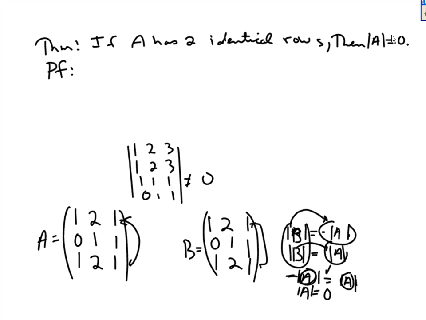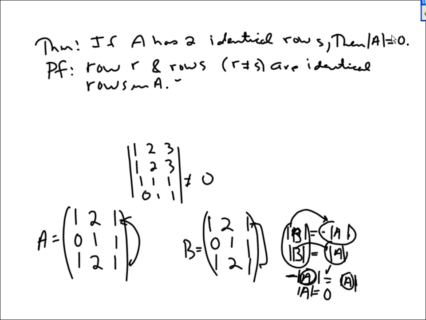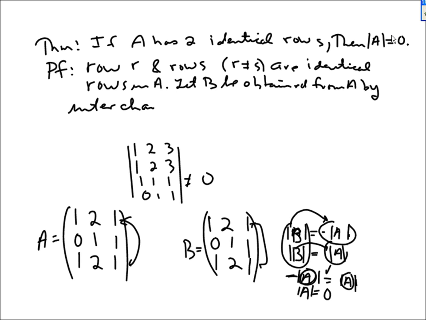In matrix A, row R and row S are identical rows in A. Let B be obtained from A by interchanging row R and row S.